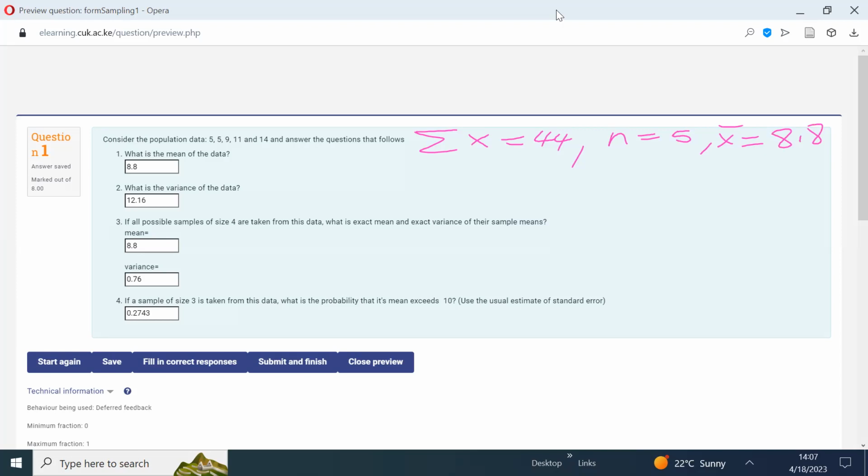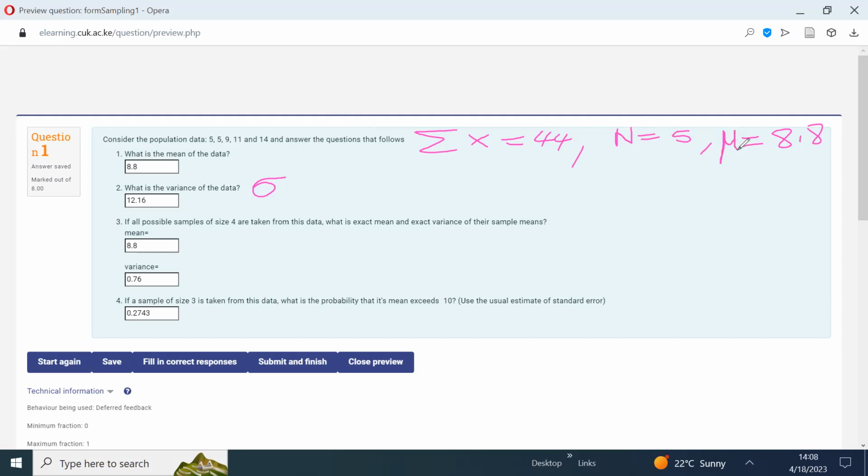Now, the variance, by definition, assuming this is the population. Okay, there's a clarification to make. If this is a population, then this is not x bar. Sorry for that. Let me delete that. It's not x bar. It's not n. This is capital N, and this is mu.